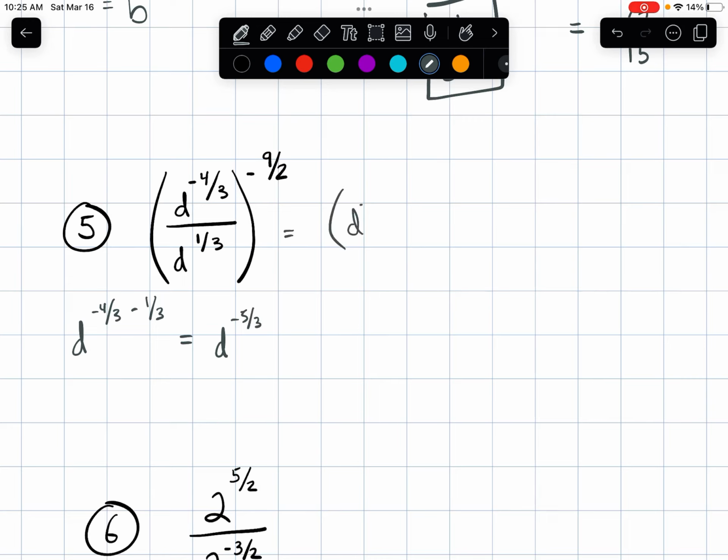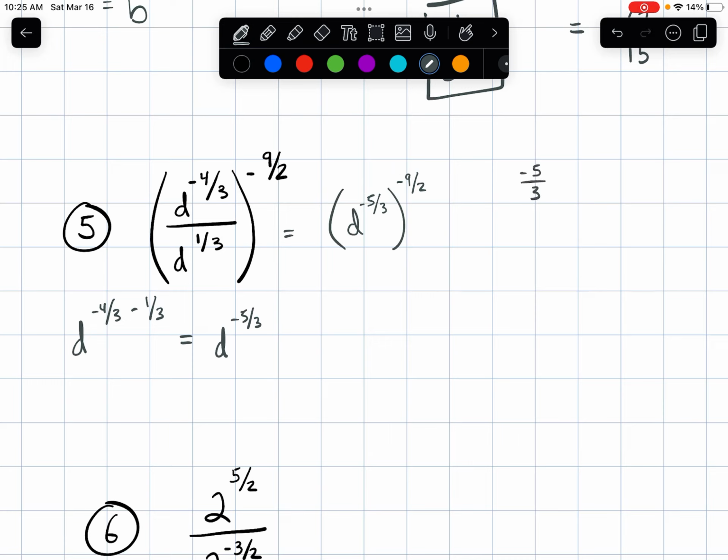So really, inside of this, we have d to the -5/3 power, and this is being multiplied by -9/2. Okay, so I'm just going to go ahead. We could think about, oh, I'm going to flip this, and then I'm going to flip that, right, because we have negative exponents. So we could think about the reciprocals, but it might just be easier to multiply these together.